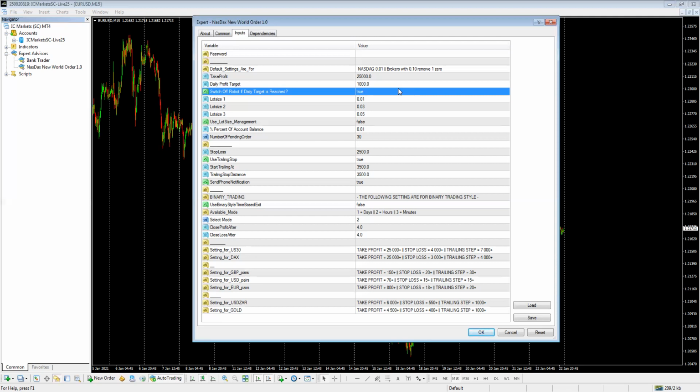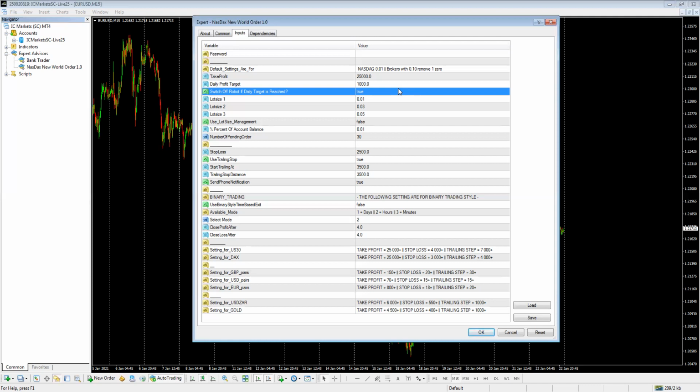The robot will check for today. So far, we have made 950. Now you have a trade that is running at $50. So 950 plus $50, that's 1,000. So that will be your target for today. So the robot will close that trade of $50 because the total for today has reached the daily target. So the $50 trade will be closed, if you set this on true.